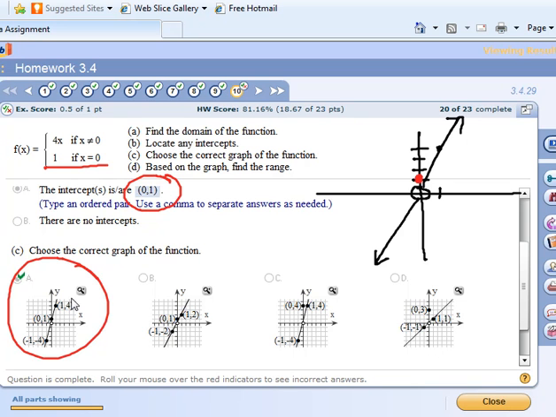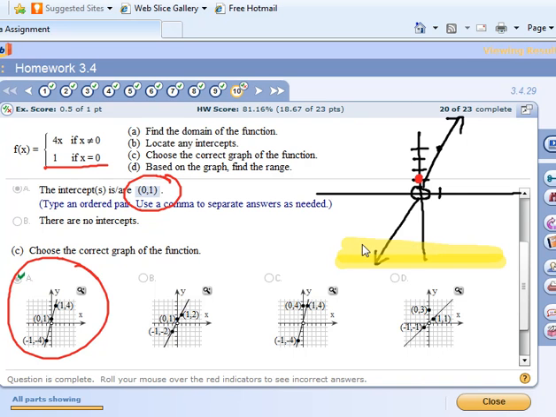Now the next thing that we're going to be looking at, based on the graph, is to find the range. Well, let me use a different color here for that. If we were to look at range, which is y values, that would be starting at the bottom and moving up.